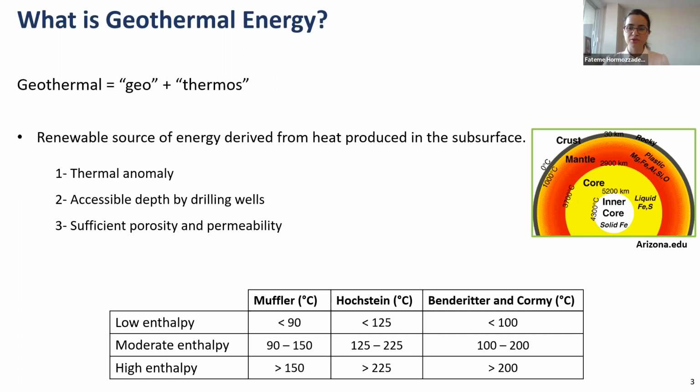Despite the normal temperature gradients in the Earth, when a temperature anomaly exists, different definitions are in the literature for the range of reservoir temperatures, which can be seen in the table as low, moderate, and high enthalpy systems.